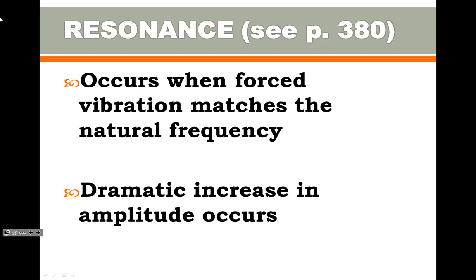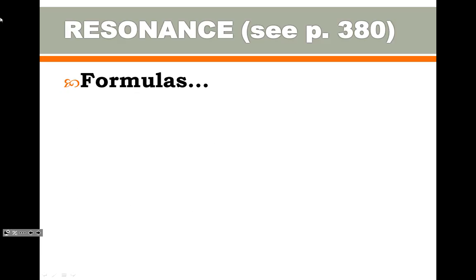Let's see, formulas. We have an equation here now. Let me explain what this equation means. RS is resonance spacing. That's the spacing from wave to wave, from one wave to the next wave.